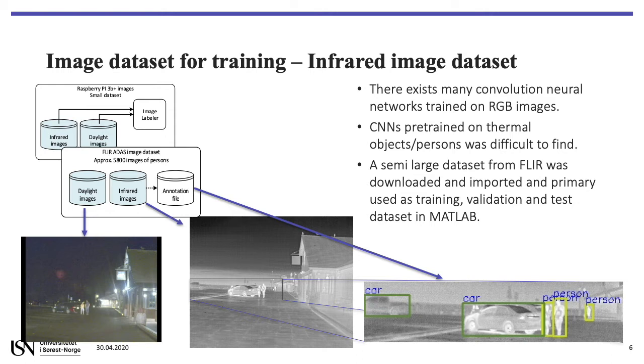We found a data set of images from FLIR that is actually made for advanced driving assistance systems, where you have a lot of data recorded from a vehicle driving around. You see an example of an image set below here, where you have the daylight image and the thermal image, where you also have annotation of the objects in the thermal image, a car and some persons.